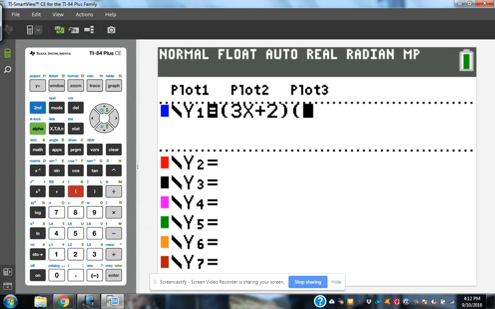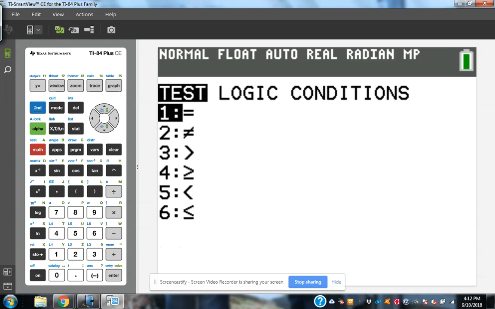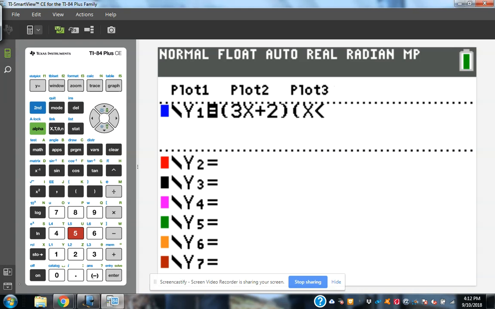The domain for this one was x is less than -2. So I'm going to hit X, and then second math, and it should give me the inequality symbols. It says less than, so that's option 5, -2.